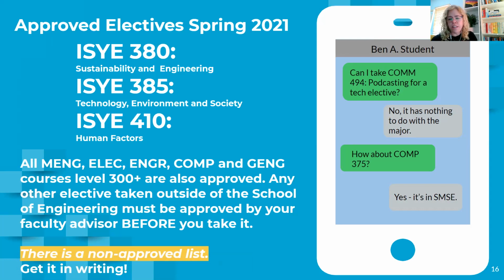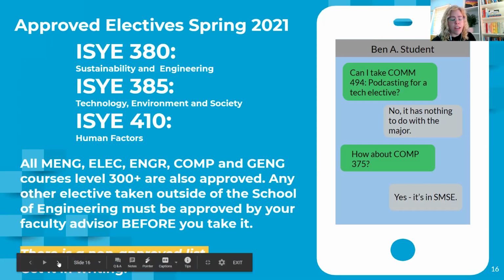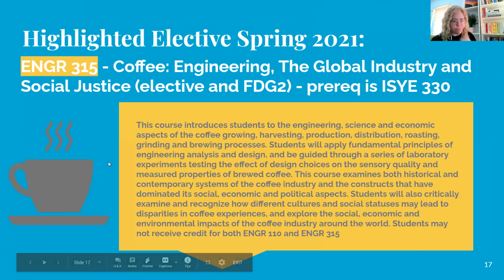No, it has nothing to do with the major. But you may have a very good reason to take that course that does coincide with your future plans. And that's what your advisor is looking for. How does that elective coincide with your future plans? Get it in writing, because that's your proof for graduation.